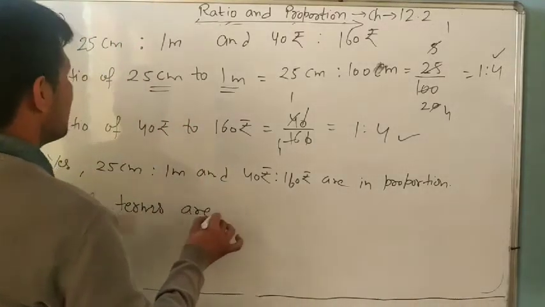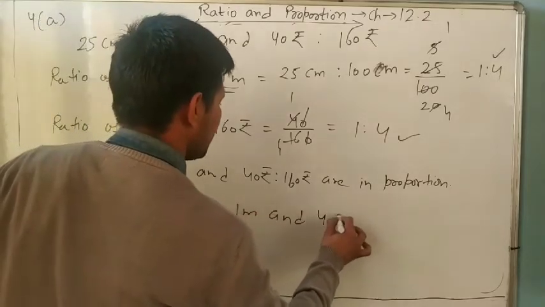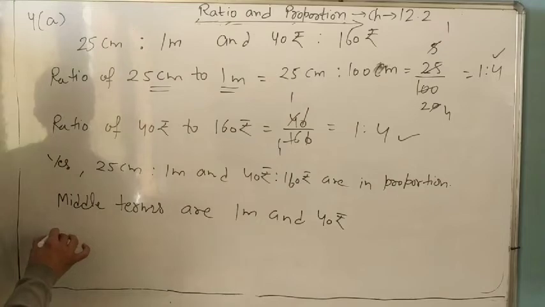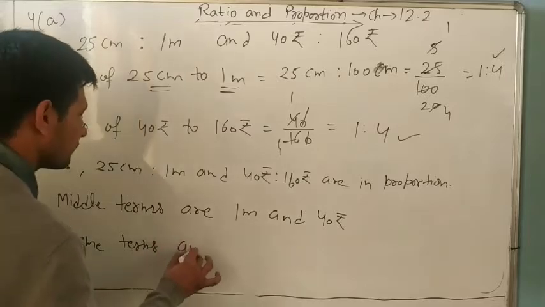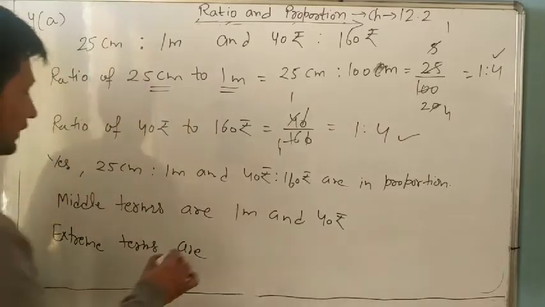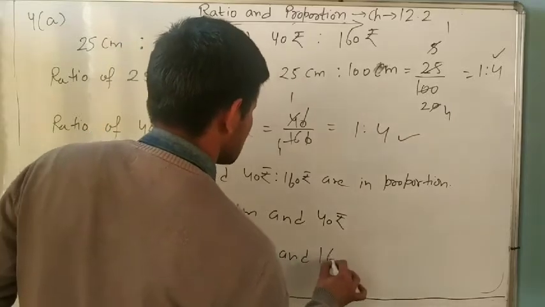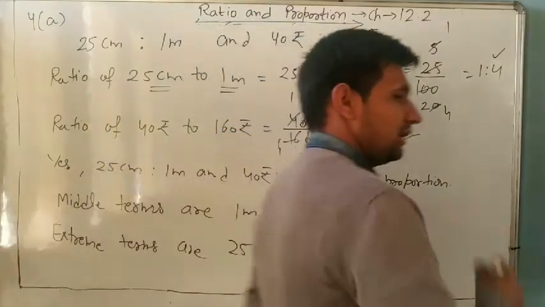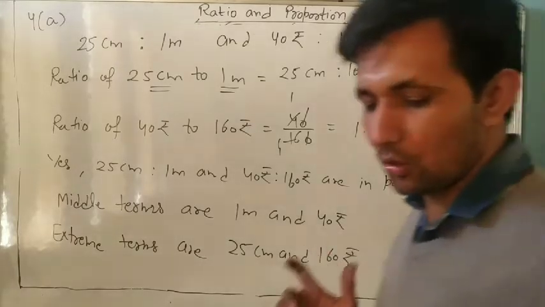So 1 meter and 40 rupees. Same as it is, extreme terms. Which are the extreme terms? First and fourth. First is 25 centimeter and fourth is 160 rupees. So it is a very easy exercise. It is finished now. Understand? So look at now.